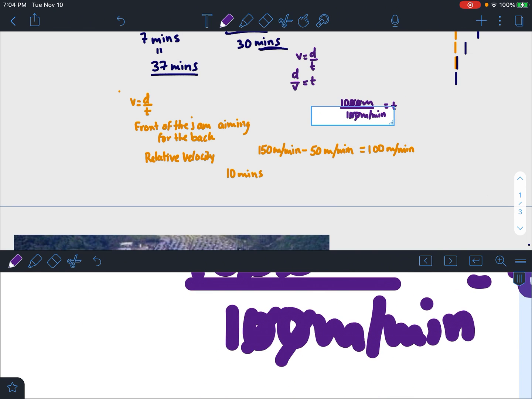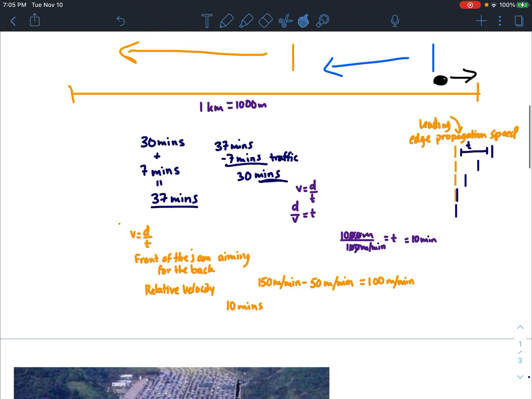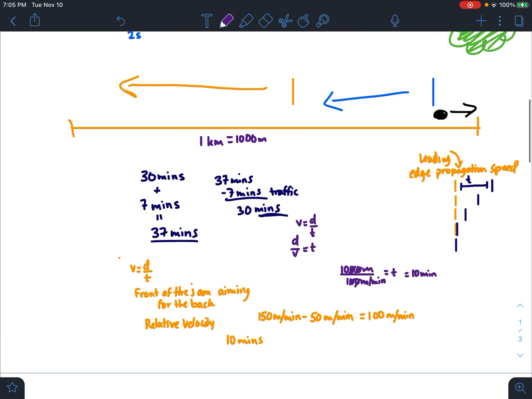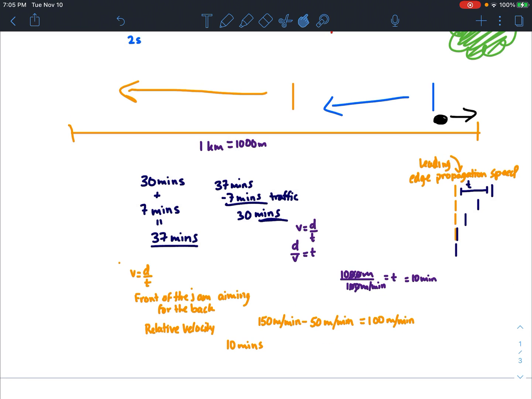Cancel out the zeros, and you get T is equal to 10 minutes. So it's going to take 10 minutes for here to start to get to here.